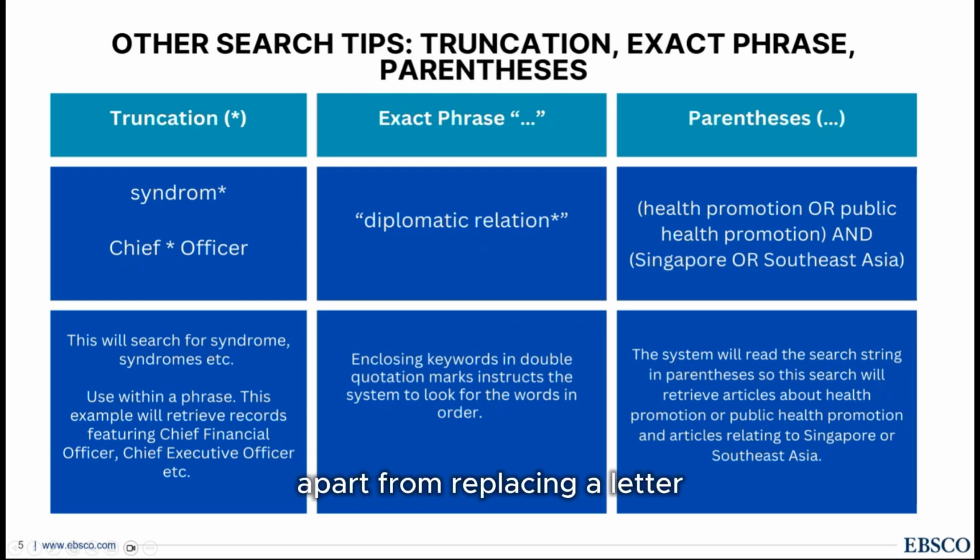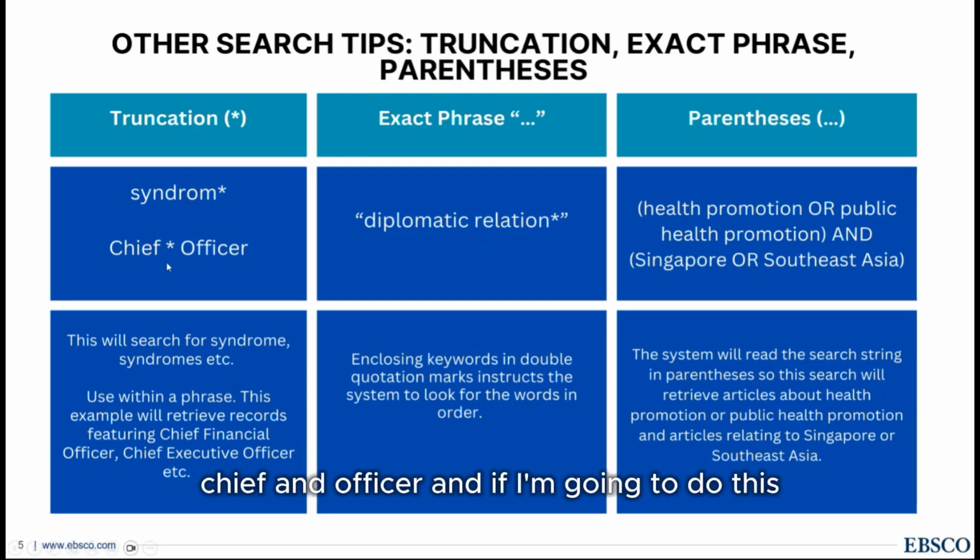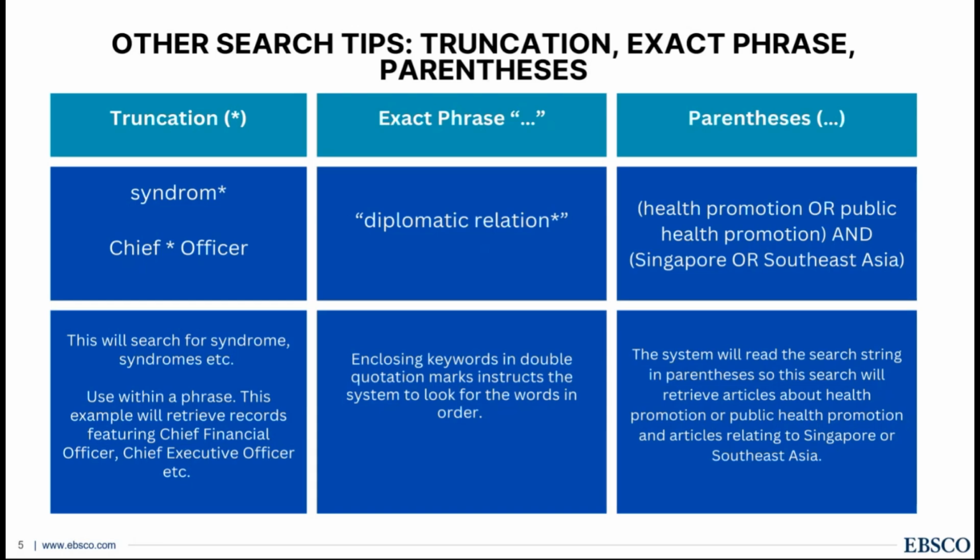Apart from replacing a letter using the asterisk wildcard, you can also replace a word. In this case, I placed the asterisk wildcard in the middle of the words chief and officer. If I do this, this will retrieve records featuring chief financial officer and chief executive officer.